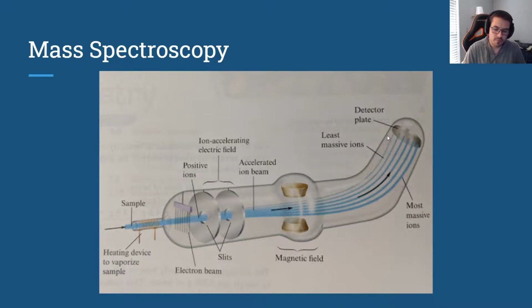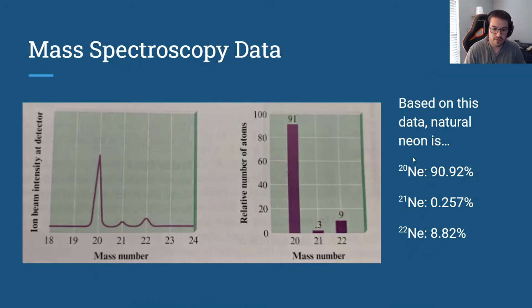So the more intensity, the more of that individual isotope. This is then translated into data that looks like this, and this number of atoms is basically the same as relative abundance. If these numbers add up to 100, which in this case they don't, I'm going to talk about that in just a minute, then you can actually use these numbers to just give you the percentages. I'll talk a little bit more about that later.